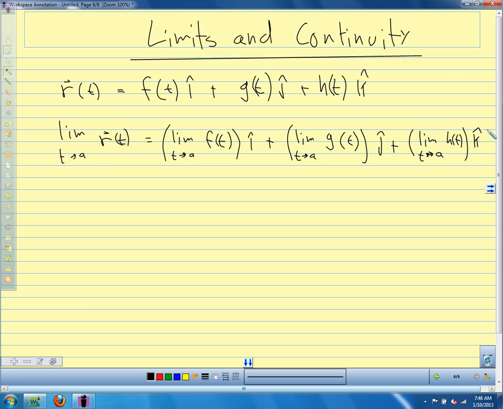This is true as long as the limits of our individual component functions exist.